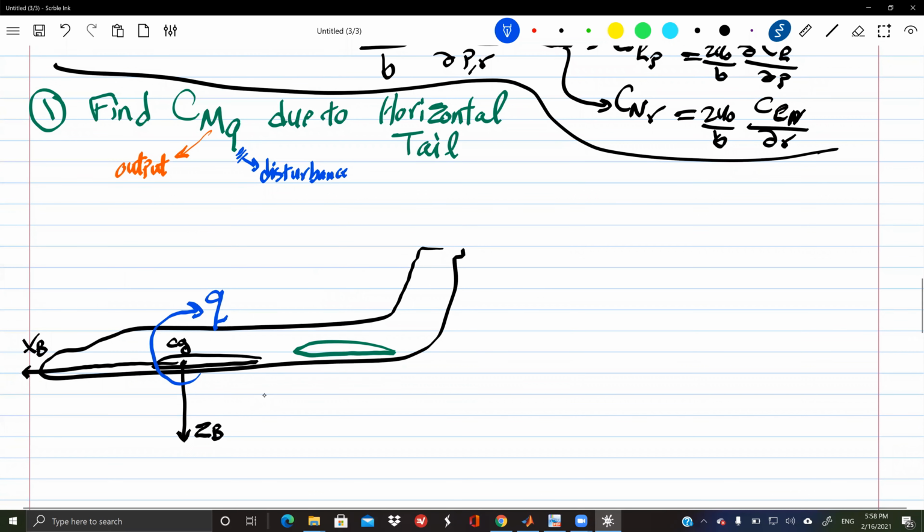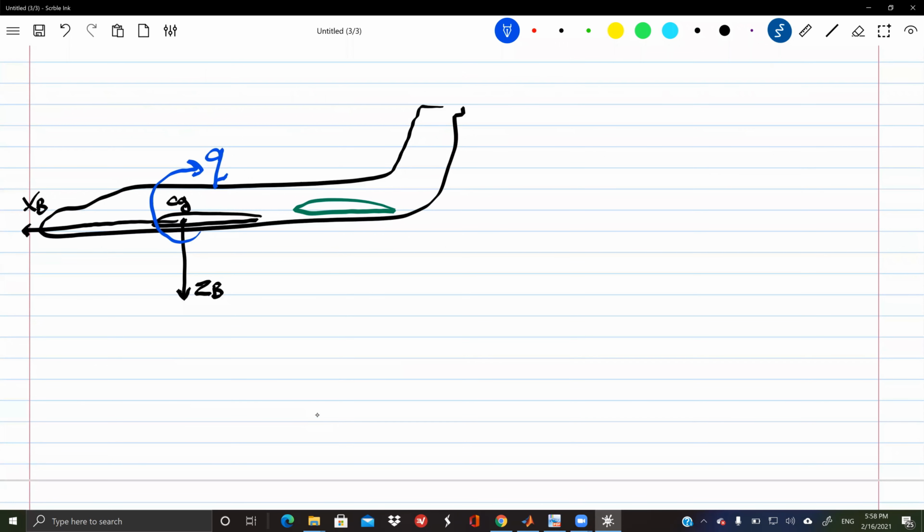All right, so what is the effect of this angular velocity on the component under study, the horizontal tail? That's easy, because this distance, we know it from before. What's this distance? This is L tail, right? So omega R kind of thing.